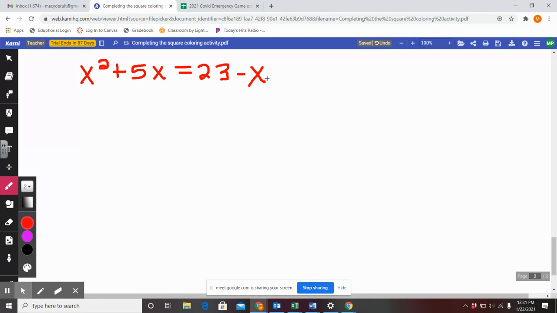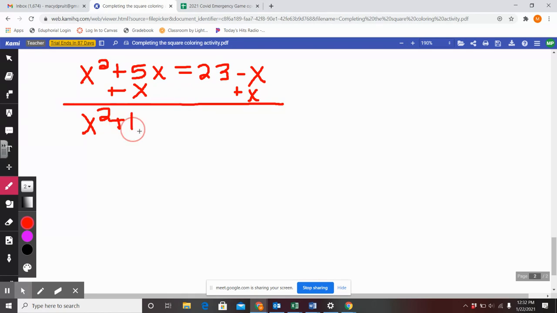Guess what? It's already moved. So, cool. Don't have to do anything. Okay? But the issue is what is also over there. So we're going to have to move that back to the left and insert our blank. So we're going to put x plus x. Okay. Now we're going to insert our blanks. x squared plus 6x plus blank equals 23 plus blank.